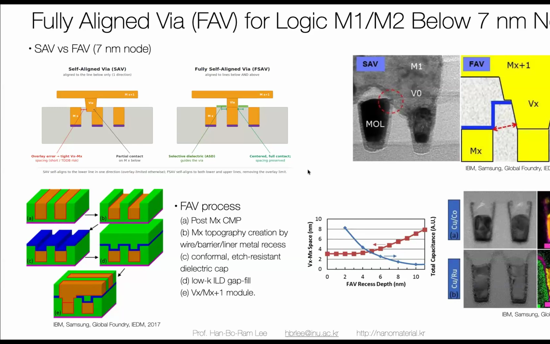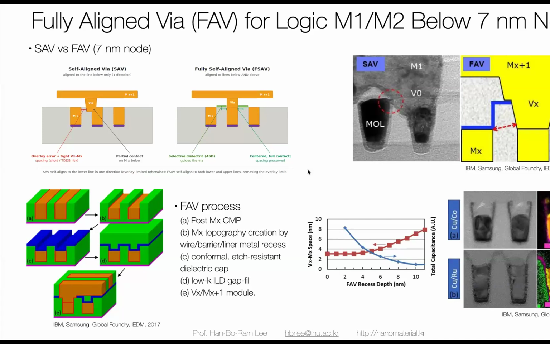And this is the FAB process. So deposit copper and ILD, recess the copper, and then make the high-K dielectric material, and then deposit the ILD and make a pattern, etching through the pattern from the M1, or maybe M0 and then M1, and then through the V1.